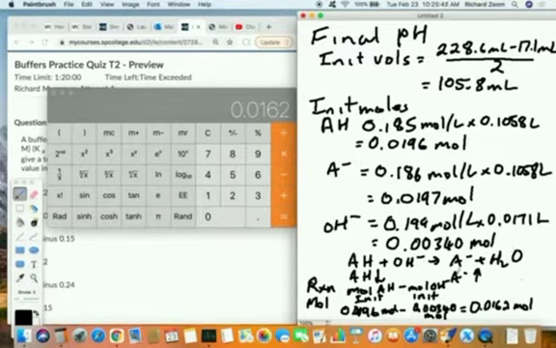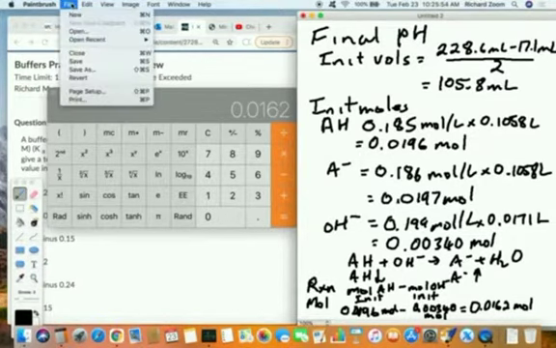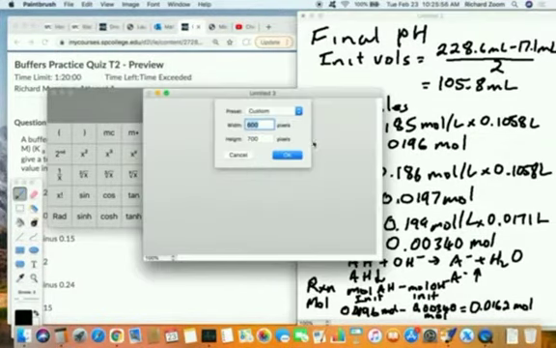And then we need to find the moles of A minus.